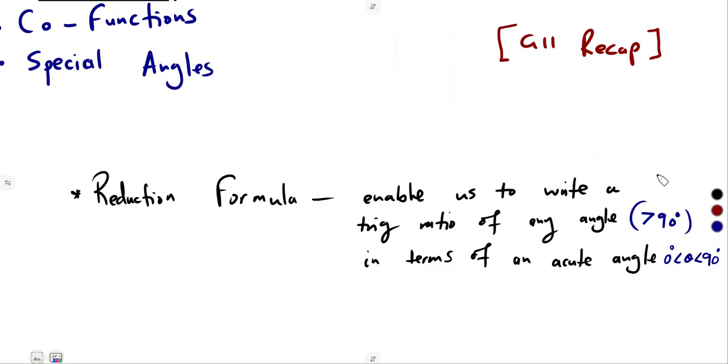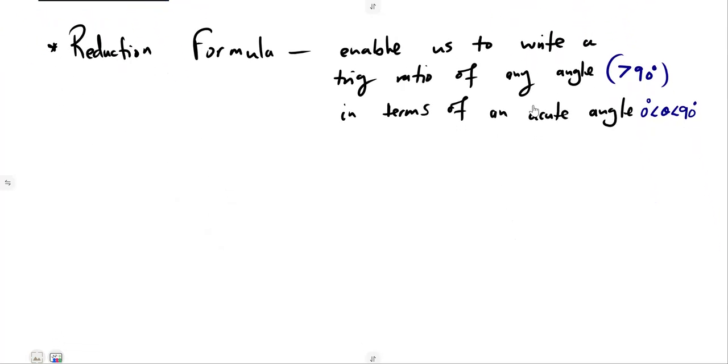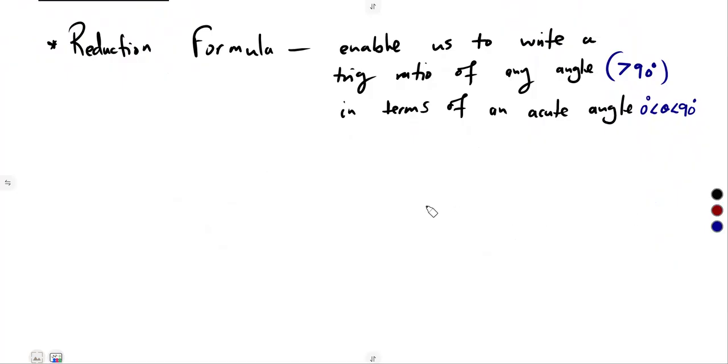We can reduce them. So under the reduction, one, we must consider the use of our quadrants, which we had in our grade 11 mathematics. From the quadrants, we're going to divide them into 4 equal parts.